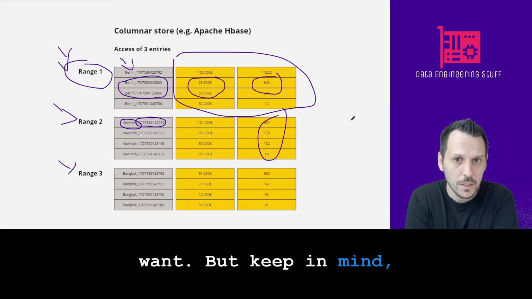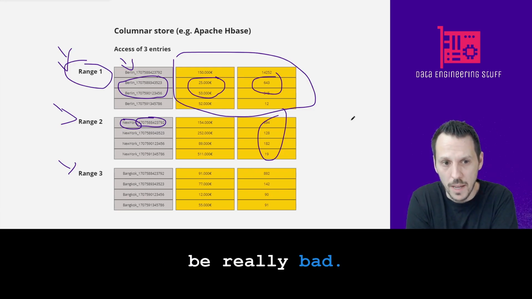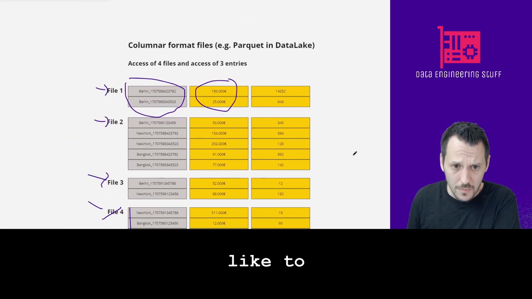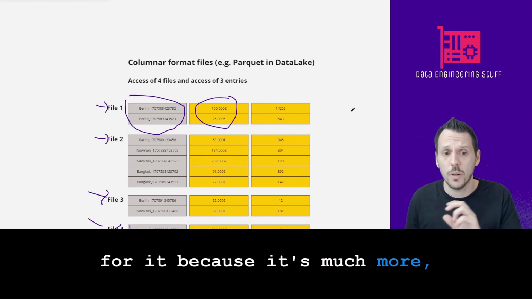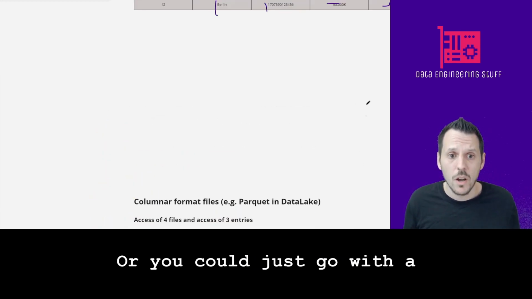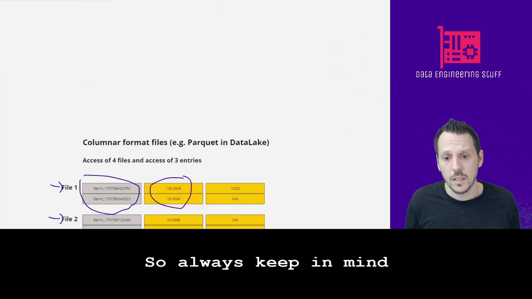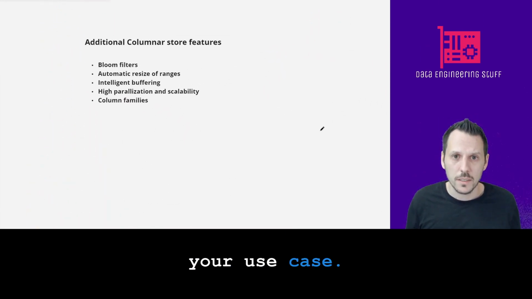But keep in mind, for other workloads, columnar stores could be really bad. You could use a Parquet file style data lake for it because it's much more flexible. Or you could just go with a relational database system. So always keep in mind your use case.